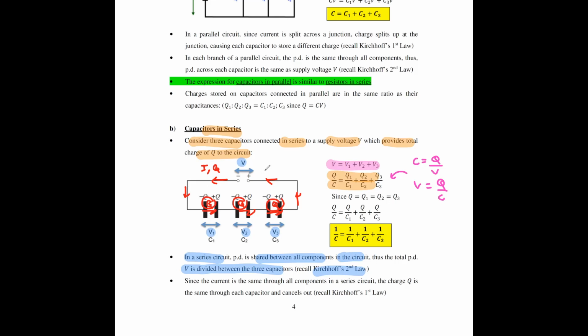Because you can imagine that it's the same current flowing through your capacitor, it will be the same charge stored on your capacitor too. Okay? So that's what this statement here is trying to explain to you. The current is the same through all components in a series circuit, so your charge Q is the same through each capacitor, and it tends to cancel out. Okay, what do we mean by cancelling out here is something like this. This one, let me just erase this.